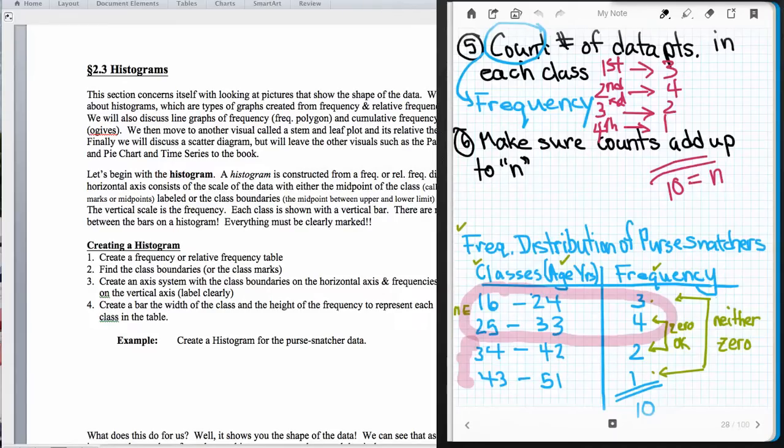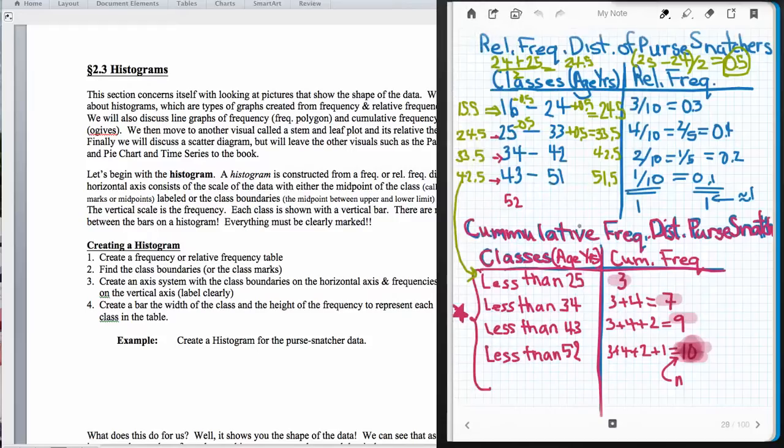And it's actually those boundaries that we're going to be using. The boundaries in this case are listed on the relative frequency histogram here in green. So we have 15.5 to 24.5, 24.5 to 33.5, 33.5 to 42.5, and 42.5 to 51.5. And our counts are 3, 4, 2, and 1.